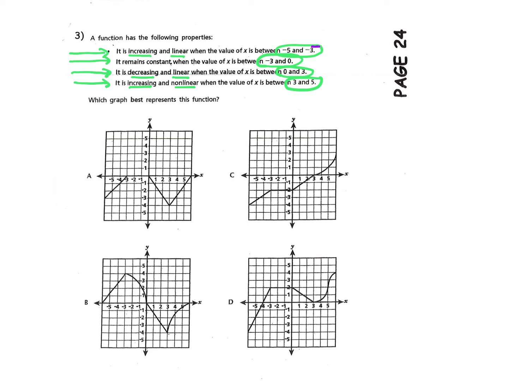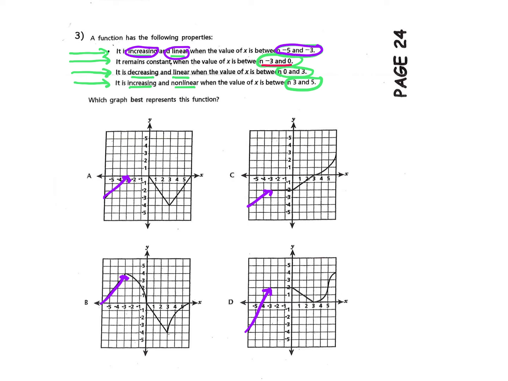In the first section, from -5 to -3, we have to look for increasing and linear. Well, this is increasing linear. So is this. So is this. And so is this. So they all meet that standard. Let's move on to the second standard.